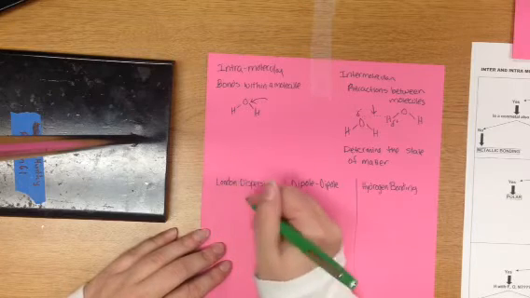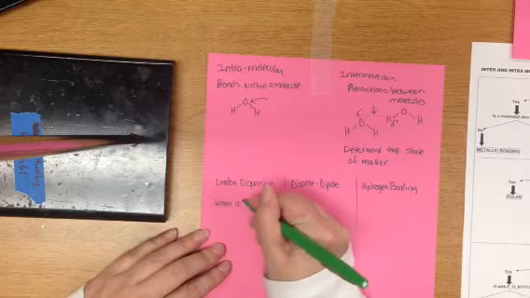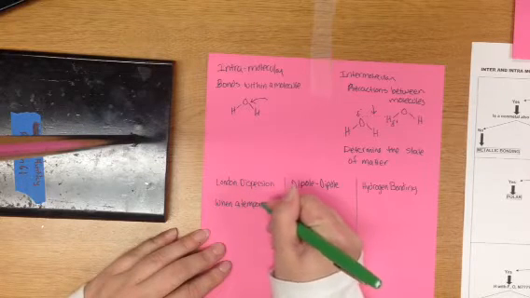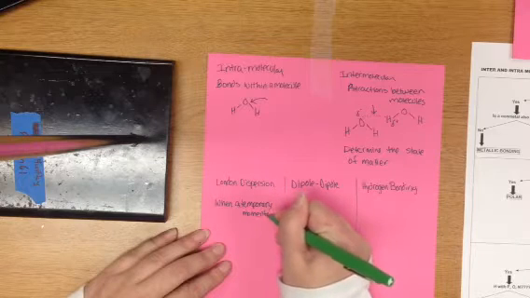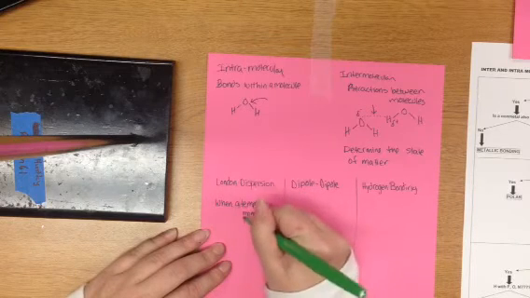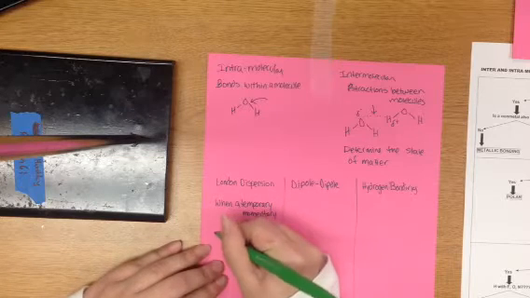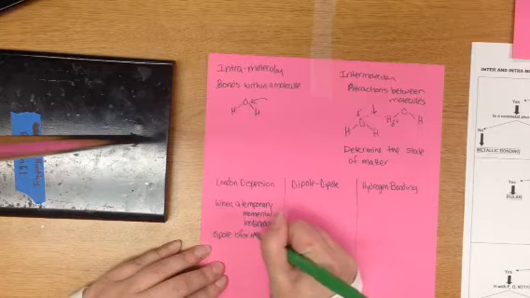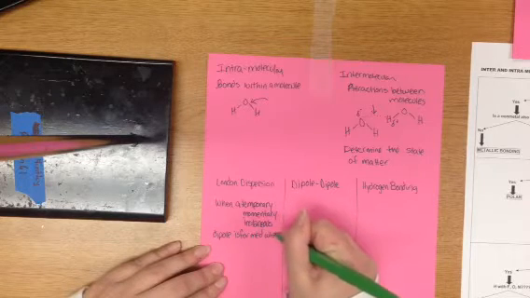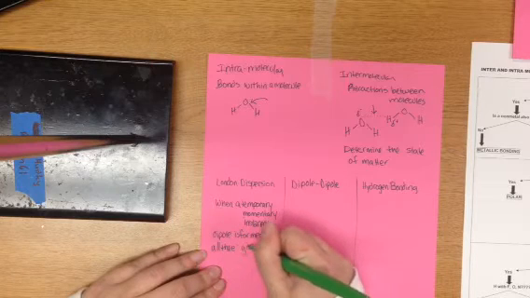And all London dispersion is when a temporary, and we'll also use the word momentary, and we'll also use the word instantaneous. They all mean the same thing. Dipole is formed when all the electrons go to one side.